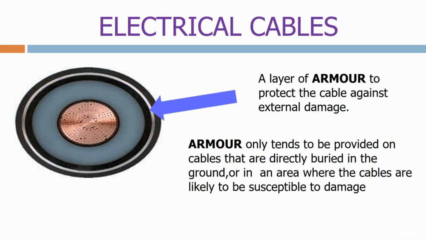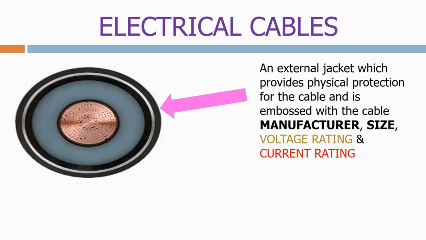Armour only tends to be provided on cables that are directly buried in the ground, or in an area where the cables are likely to be susceptible to damage. An external jacket, which provides physical protection for the cable and is embossed with the cable manufacturer, size, voltage rating and current rating.